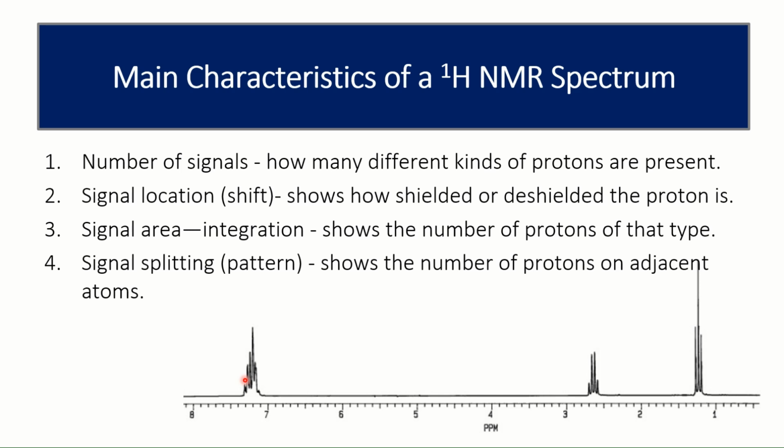And you can see here, for example, that we have a multiplet, and here you can see there's like 4 tiny peaks coupled together. So this is a quartet, and here we have three peaks together, and this is a triplet. This shows the number of protons on adjacent atoms, and each of these we'll cover as we move along.